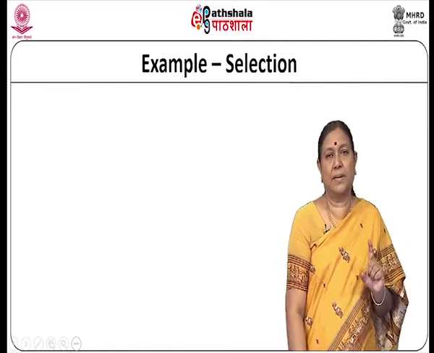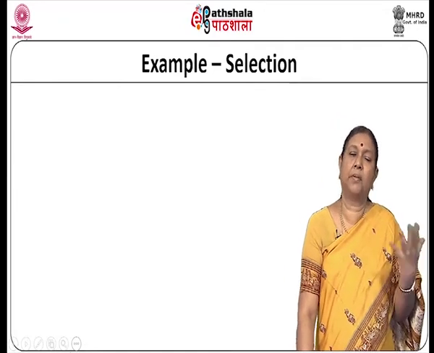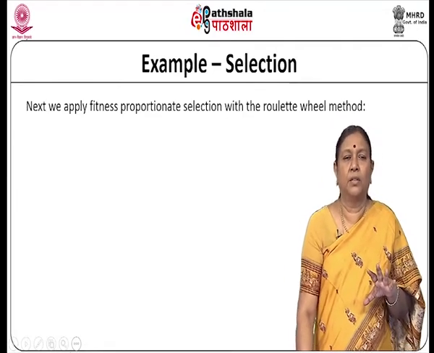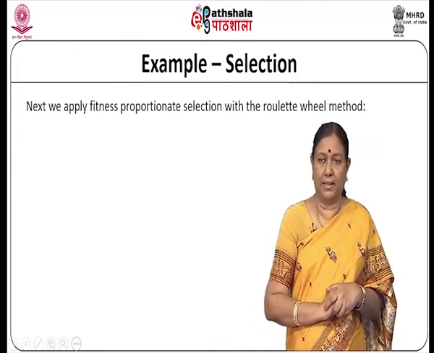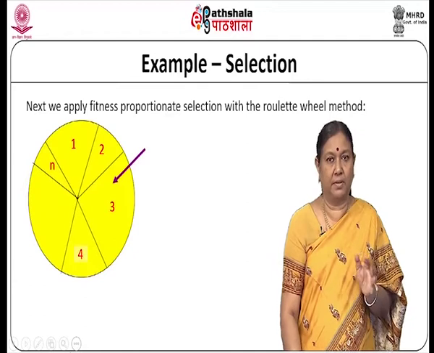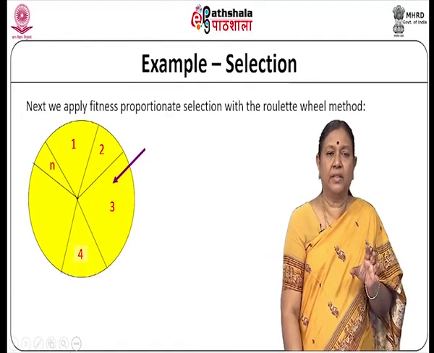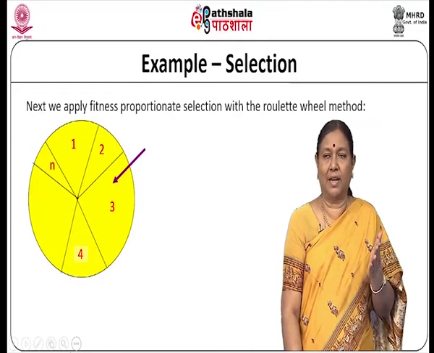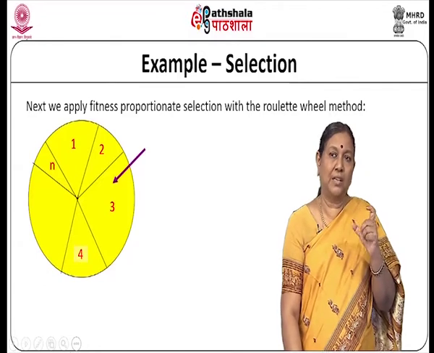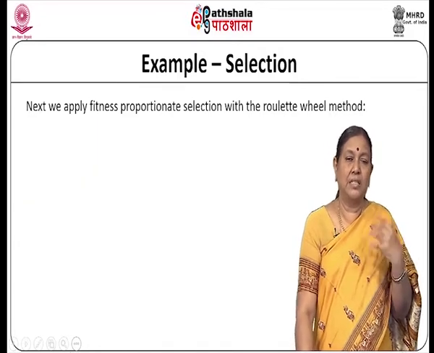Now, the first step is selection. We have initialized the problem, and the first step is selection. Here we apply fitness proportionate selection with the roulette wheel method. We know the fitness, so here you have the roulette wheel, and the number of selections will be 6 in our case, and the proportion each individual occupies depends on the fitness.